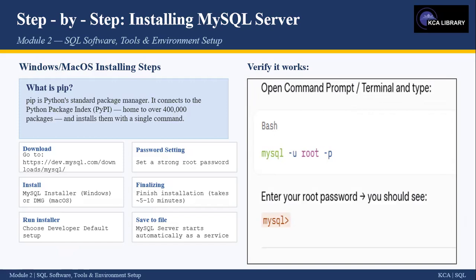Then MySQL Server will start automatically as a service. After installation, you verify if it works. You open your command prompt or terminal and type mysql -u root -p, then enter your password. If you see the MySQL prompt, congratulations, MySQL is installed.